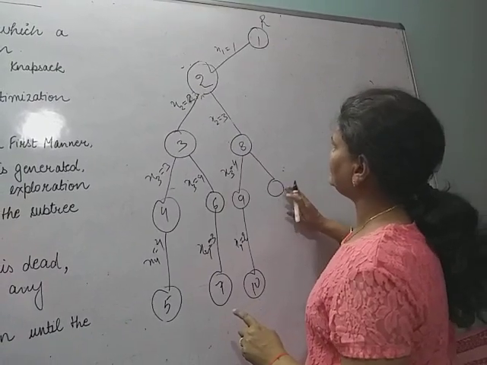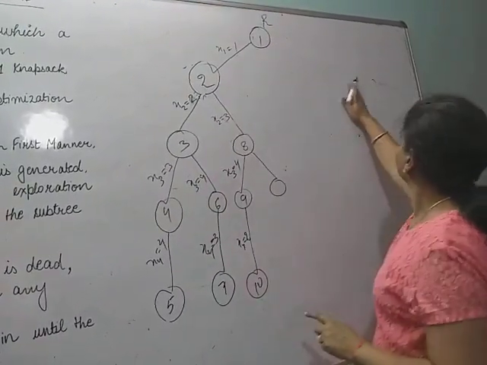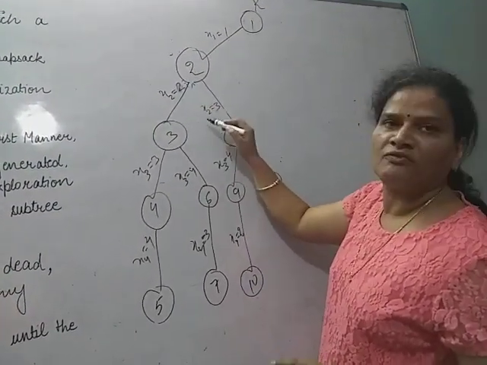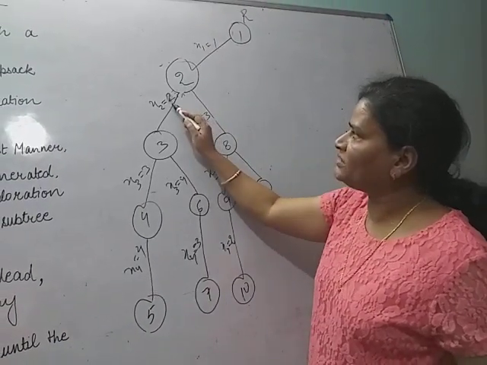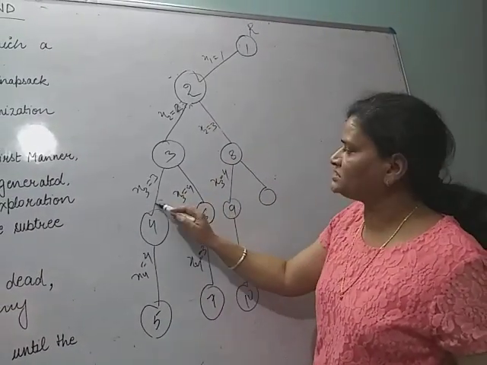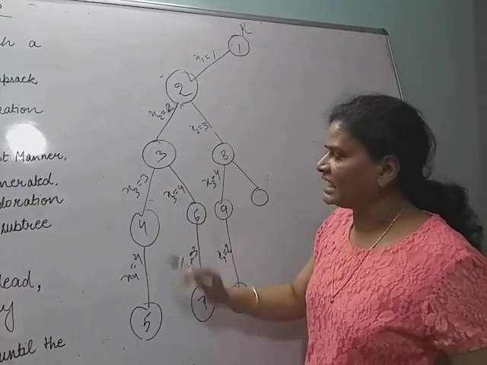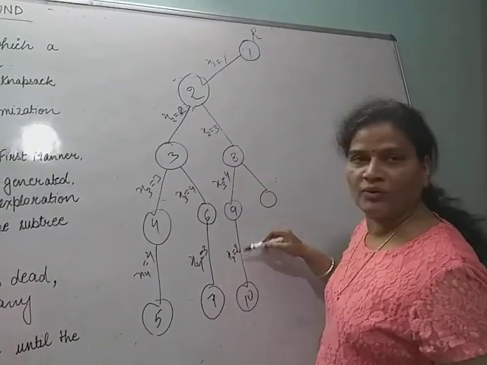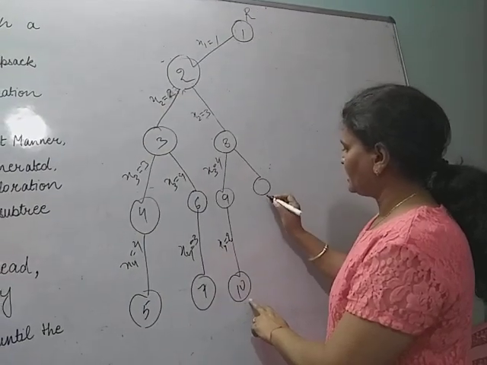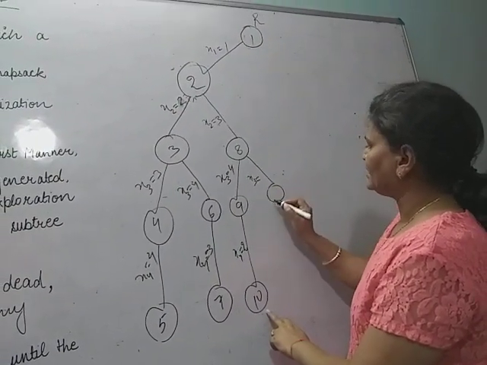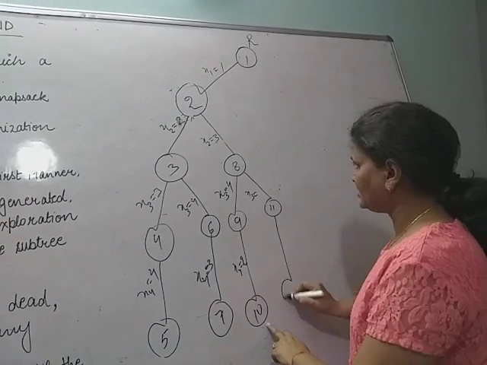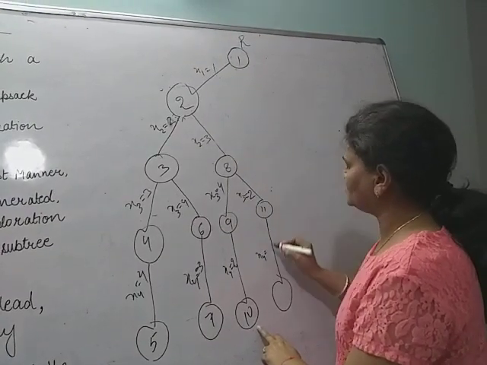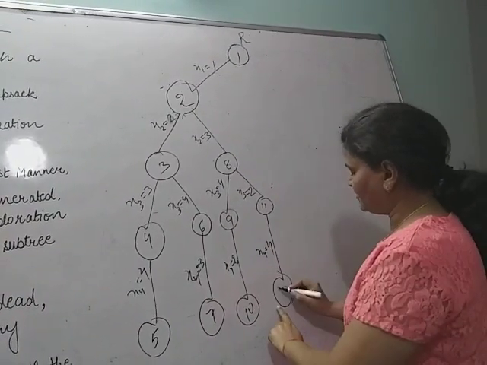See, the first queen is placed at the first column. Then for the second queen there are 3 options, 2, 3, 4. If the second queen is at 2, then for this there are 2 options, 3 and 4. So 1, 2, 3, 4, then 1, 2, 4, 3, and 1, 3, 4, 2. And here x3 equal to 2 and x4 equal to 4, node 11.